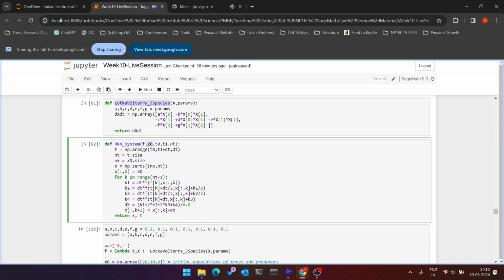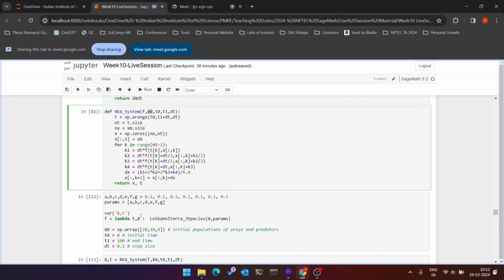Which gives us x_{k+1}, the next value of the state of the system. Again, that will be an array.